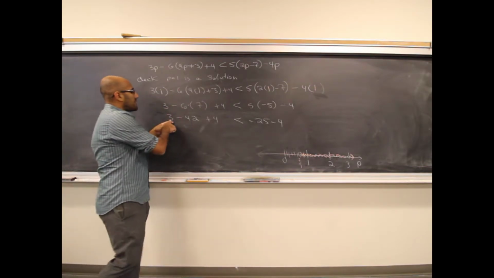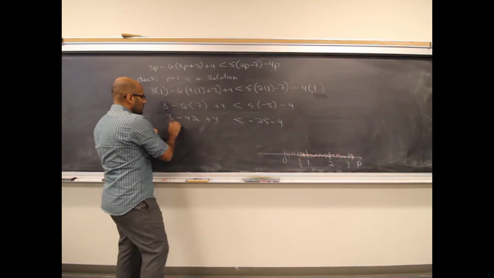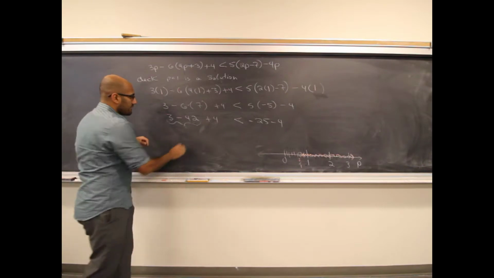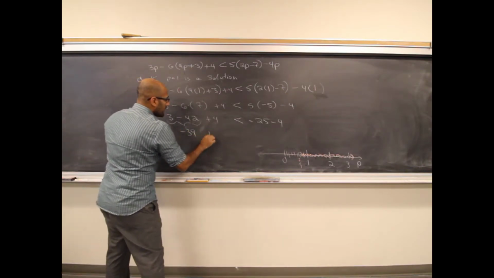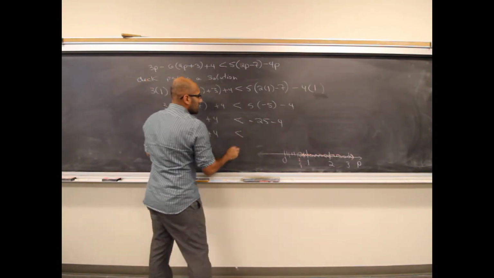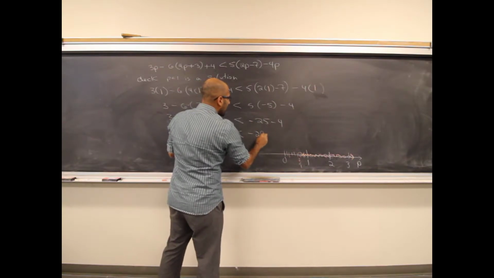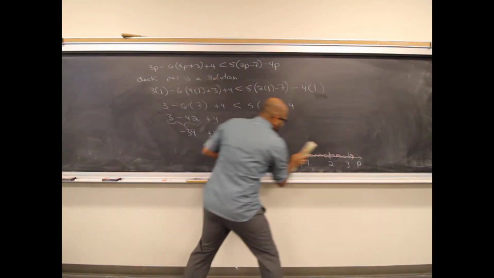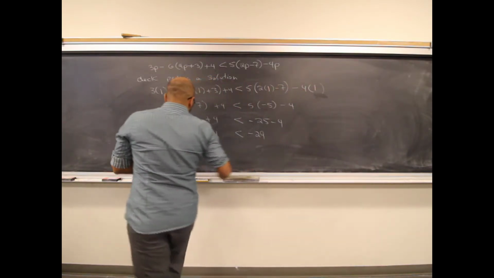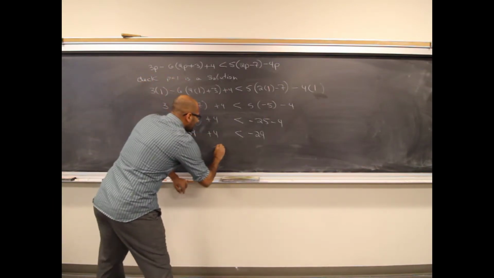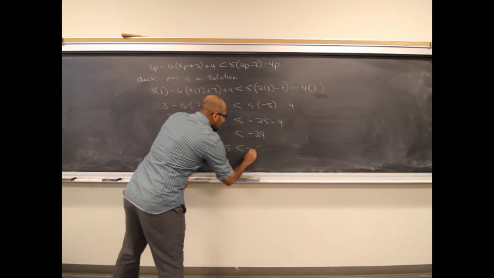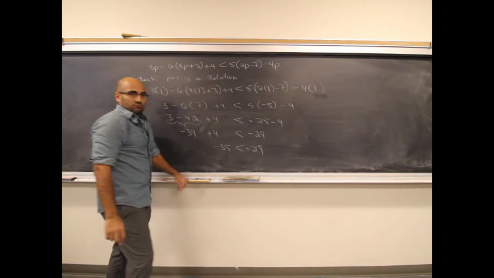So this would be 3 minus 42, what is this? Negative 39 plus 4 is less than negative 29. And this will be negative 35 is less than negative 29. True.